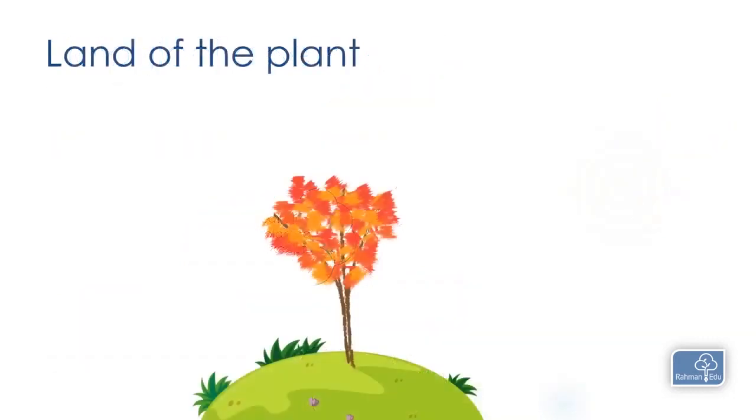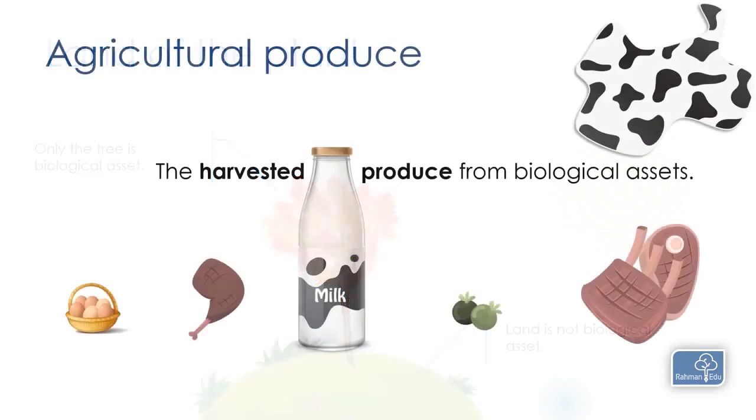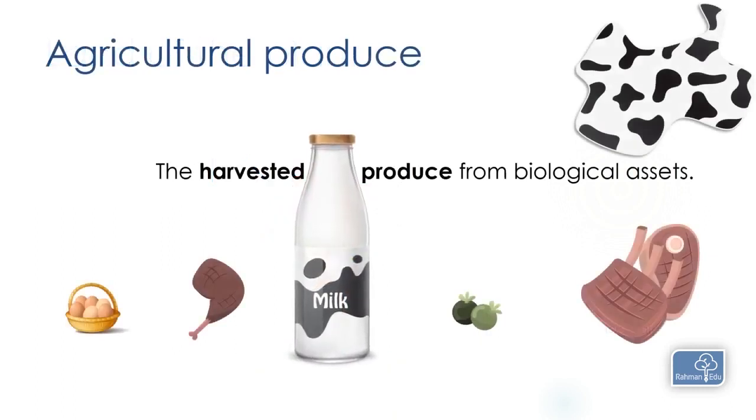Now you need to understand sometimes trees are physically attached to a particular piece of land. You need to know that the tree is a biological asset and the land is not a biological asset. The next thing that you need to understand is what is an agricultural produce.